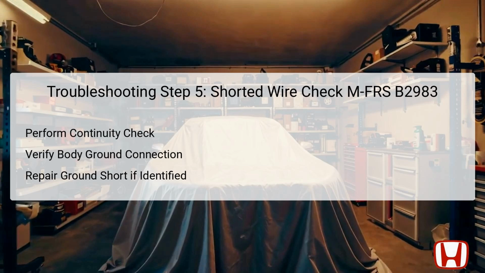Check for continuity between Climate Control Unit Connector B, pin 18, and the vehicle's body ground. If continuity is present, it's indicative of a short circuit in the MFRS wire, requiring immediate attention and repair. Should no continuity exist, it confirms that the MFRS wire is functioning correctly.